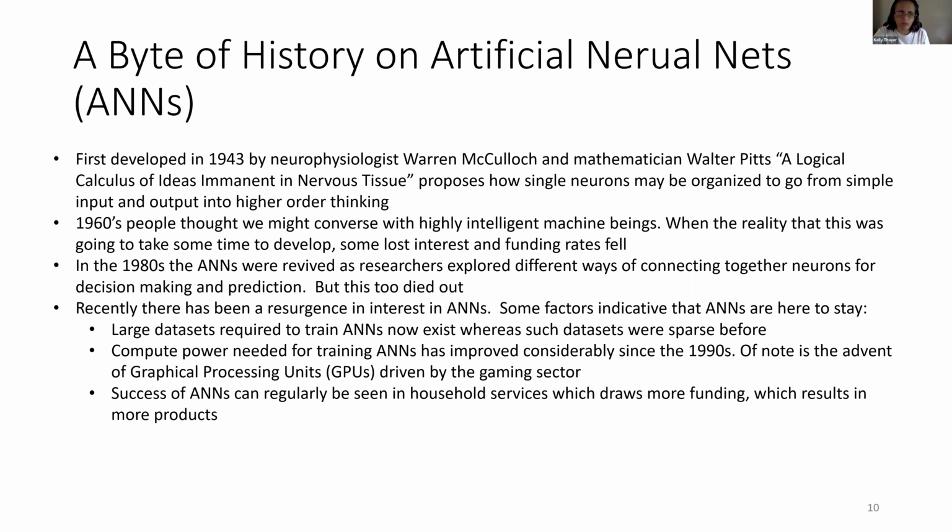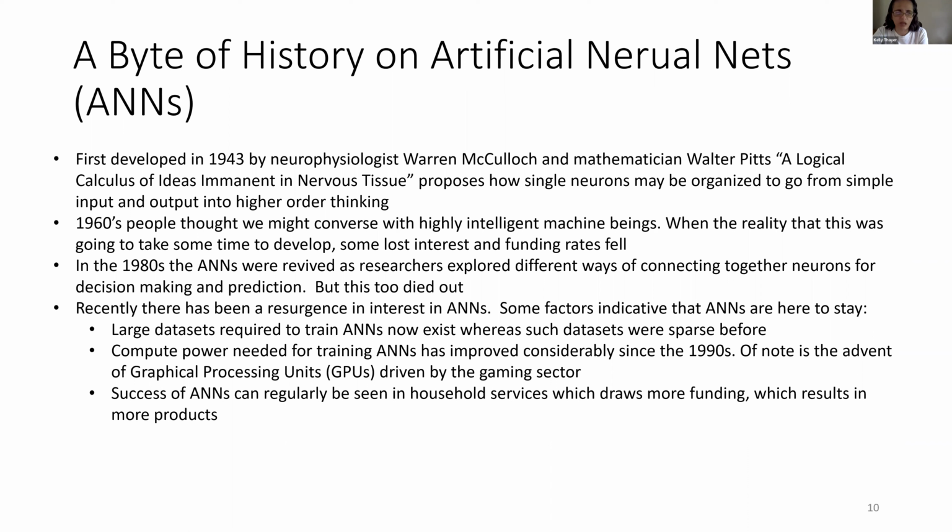However, there seems to be a resurgence in the artificial neural nets these days. You may have noticed this anytime you pick up your phone, use an app, get a suggestion from Amazon, use Google products, and so many more ways in which artificial neural nets are contributing to our daily life.